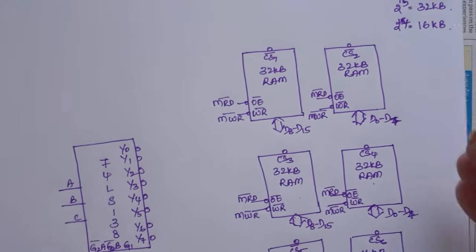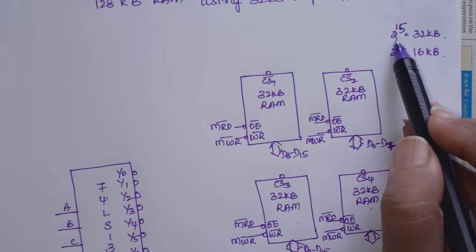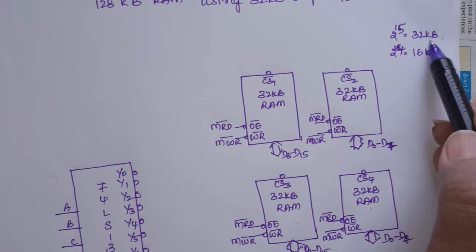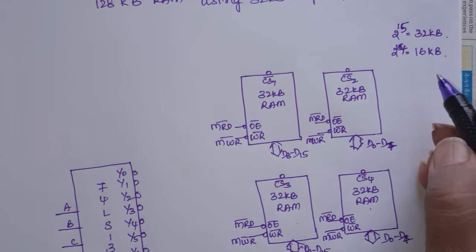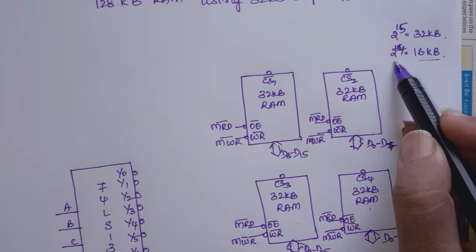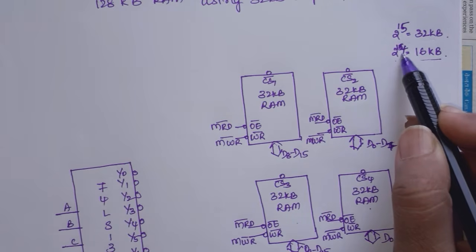We'll see the address lines. So 32 KB chips, they require 2 to the power of 15 is equal to 32 KB, so 15 address lines are required. Okay, for 16 KB, 2 to the power of 14 is equal to 16 KB. So here 14 address lines are required.